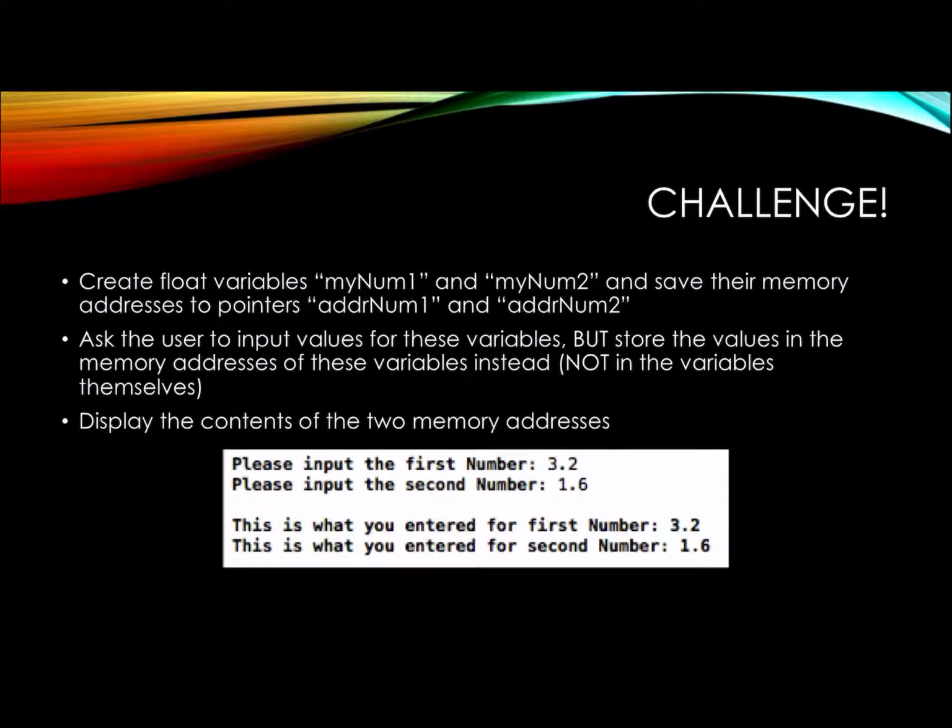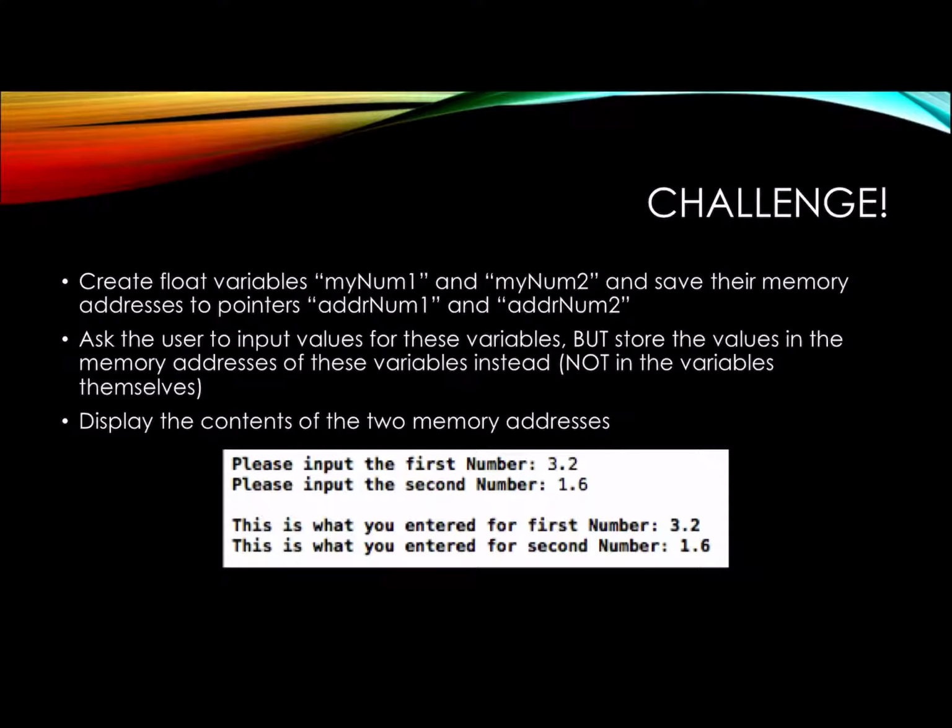The second instruction is that you are going to ask the user to input values for these variables, but you have to store the values in the memory addresses of these variables. Okay, so you are not going to save the values in the variables themselves. You have to save the values directly into their memory addresses.